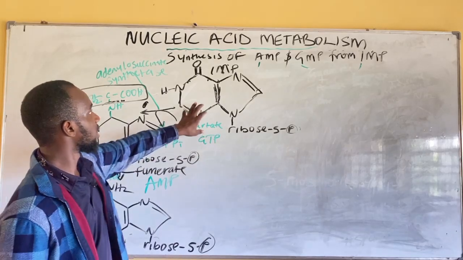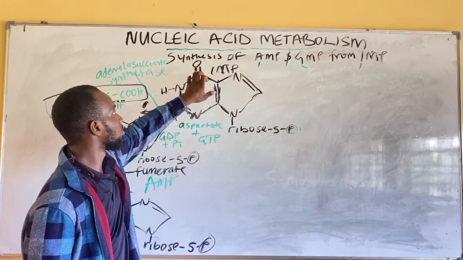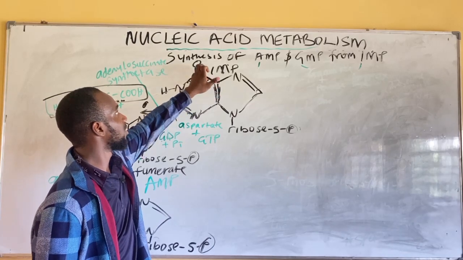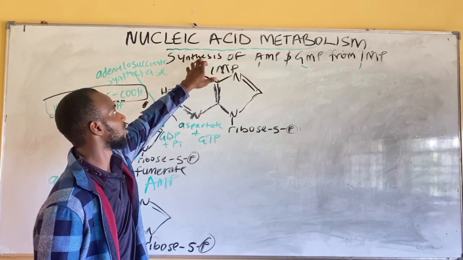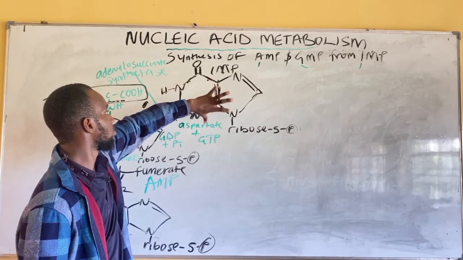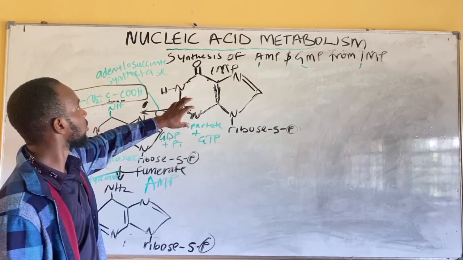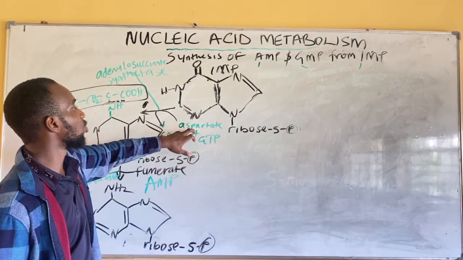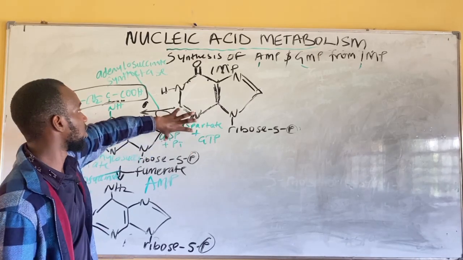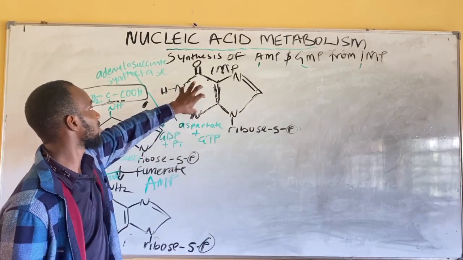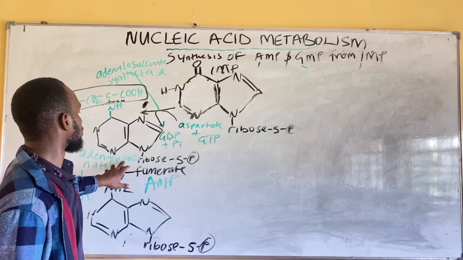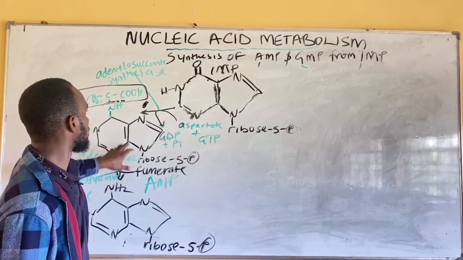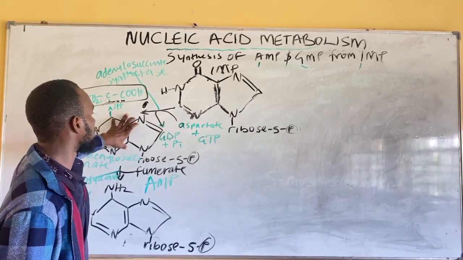So this represents how AMP is synthesized. Let me just go through it again. This is the structure of IMP. The characteristic is that at this carbon here, there's an oxygen doubly bonded to it. The first thing that will happen is that aspartate will come in. Aspartate and IMP together form adenylosuccinate.